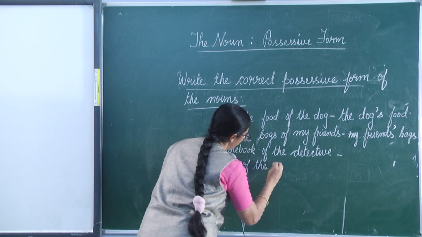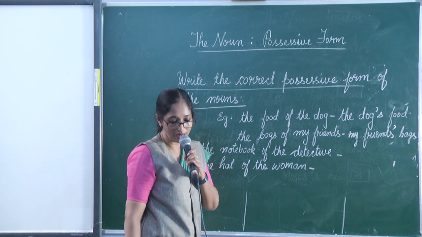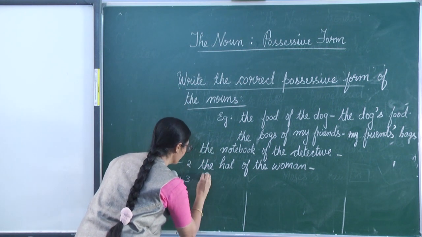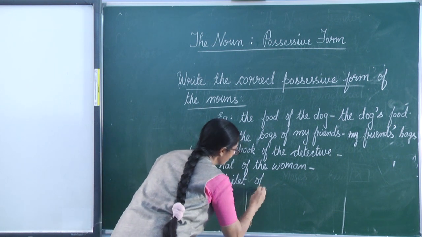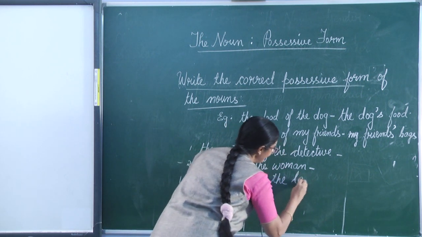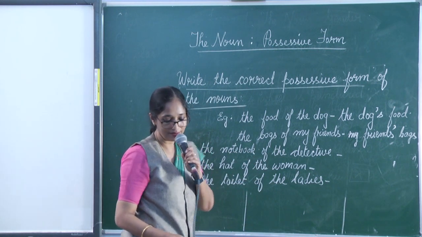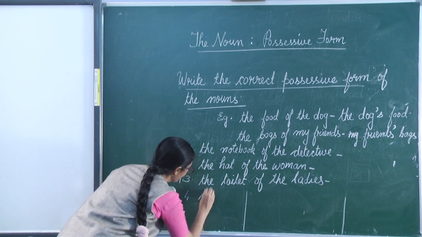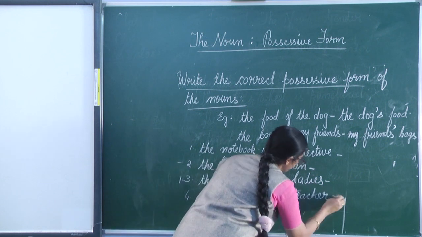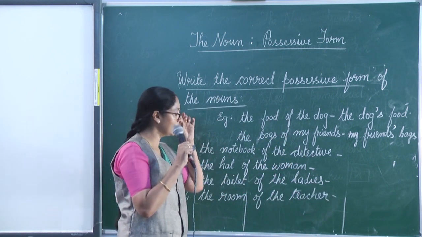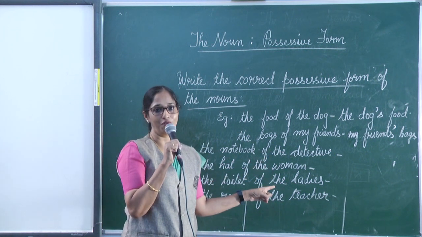Third one, the toilet of the ladies. The room of the teacher. I have included both singular noun and plural noun here. Try to convert it into the possessive form.